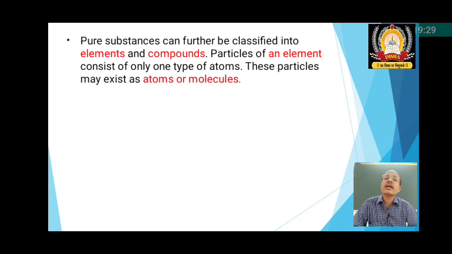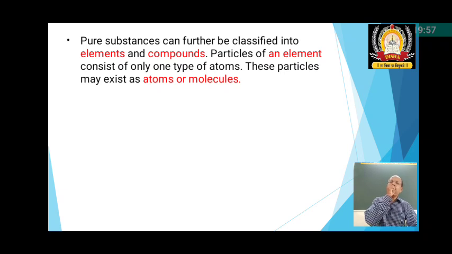You can take sodium. Sodium exists as sodium atoms. Whereas if you take hydrogen, it exists in the form of a molecule, that is H2. Whenever we write hydrogen, we write H2 because of its stability. That means it always exists in the form of a molecule.